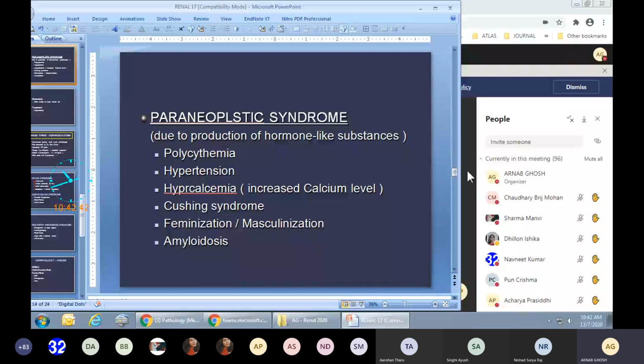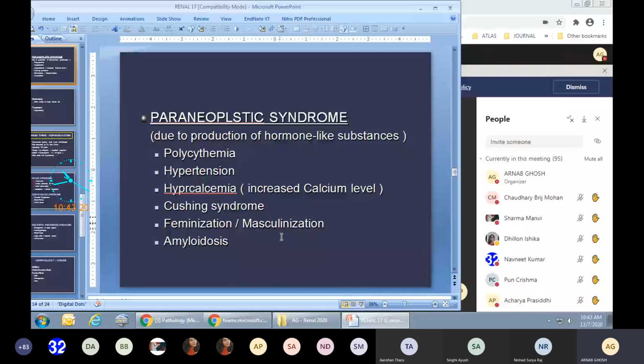So if a female, say an elderly woman especially, is having increased facial hair, that is masculinization. Feminization is on the other hand. I'm sorry, I was saying it opposite. Feminization is if there is gynecomastia in a male, and masculinization is if there is hirsutism in a female. That can happen because of some female sex hormone release in males and vice versa.